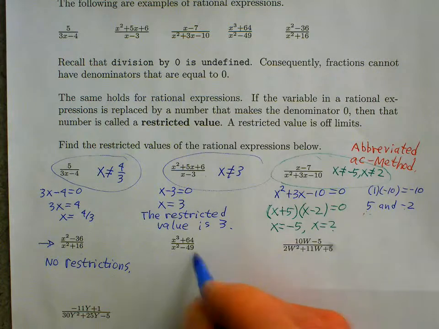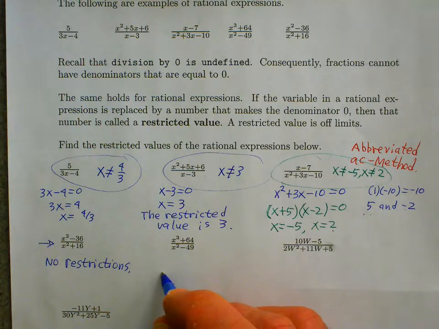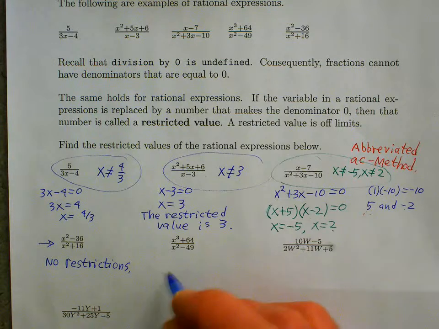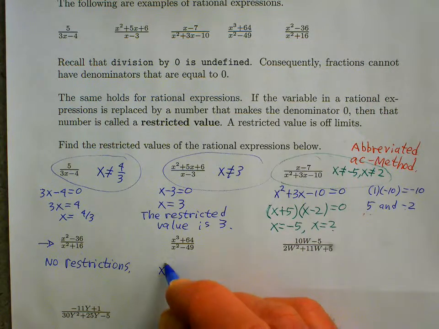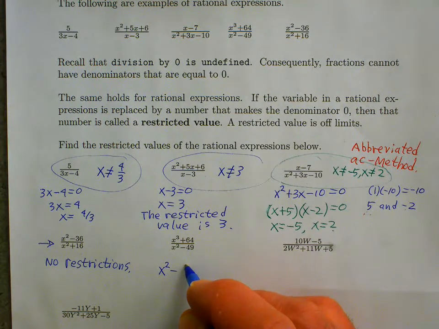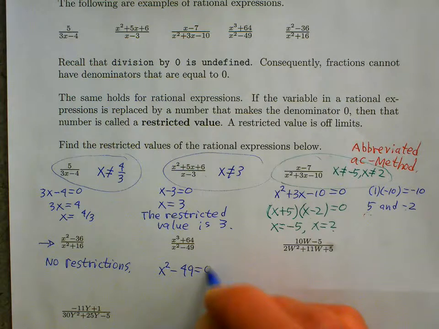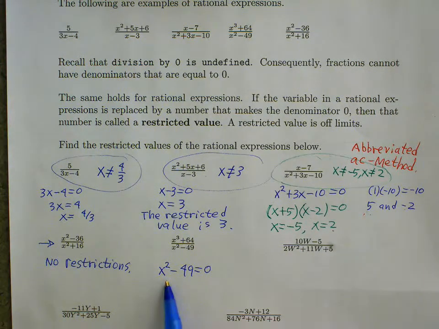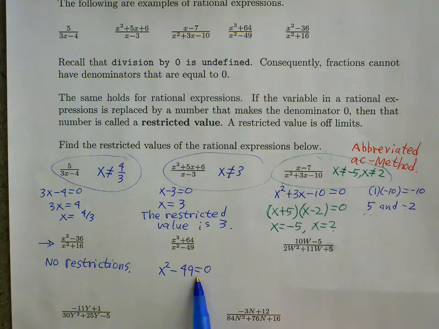We can say, well, to find the restricted values, I'll set the denominator x squared minus 49 equal to 0. This is a difference of squares because 49 is 7 squared. We can factor a difference of squares using real numbers.